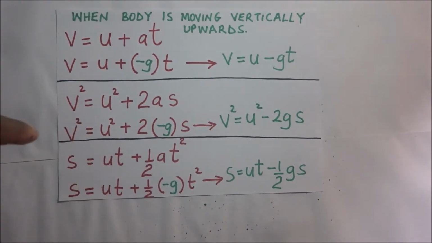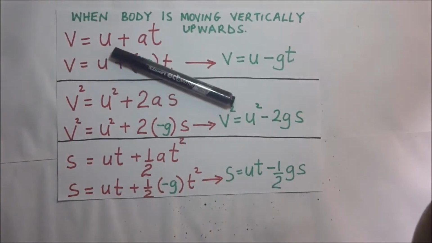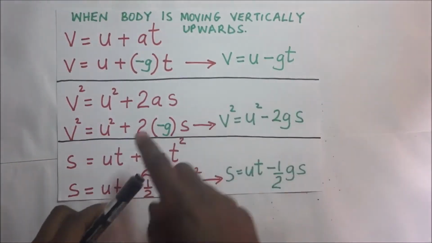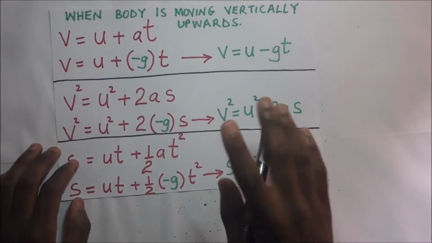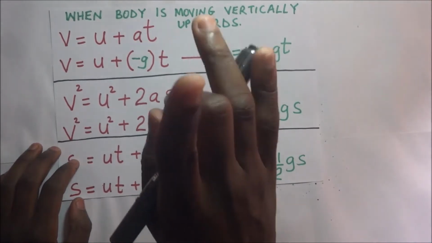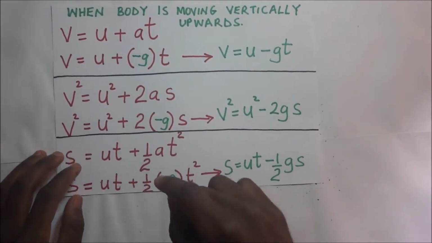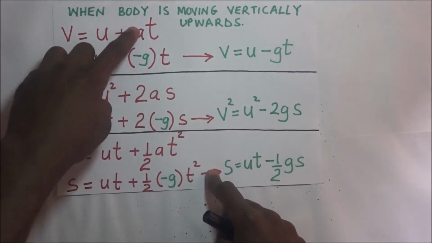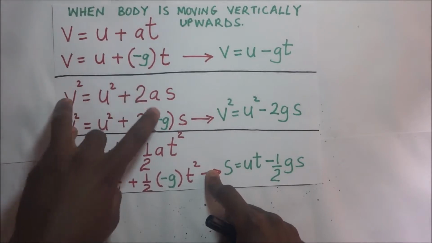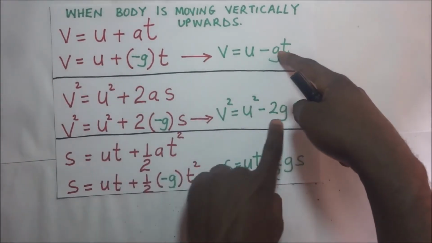Yet when you drop something from up, it will move very fast. When the body is moving up, it is working in opposition to the force of gravity that is pulling it down, and so its acceleration due to gravity will always be negative g.